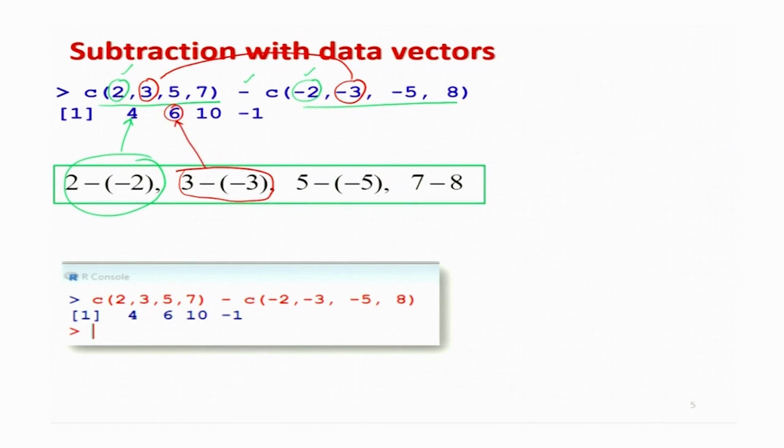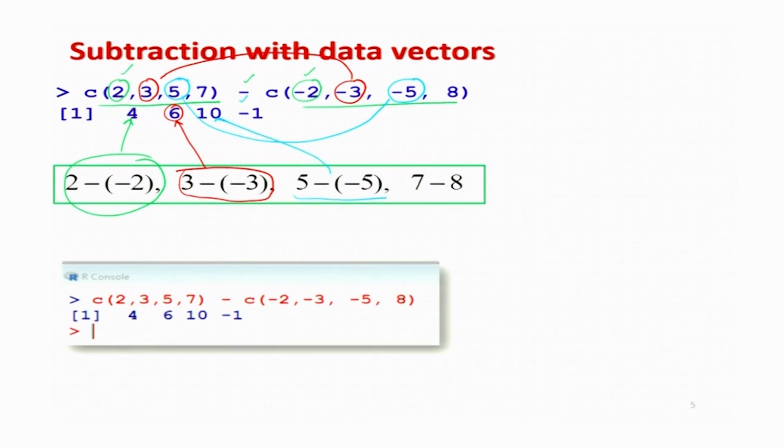Now, once again the same operation is repeated. The third value in the data vector 1, which is 5, and the third value in the data vector 2, which is minus 5, are operated with this minus sign. So, they will be operated like 5 minus, within the parenthesis, minus 5, and this will give you the answer 10.